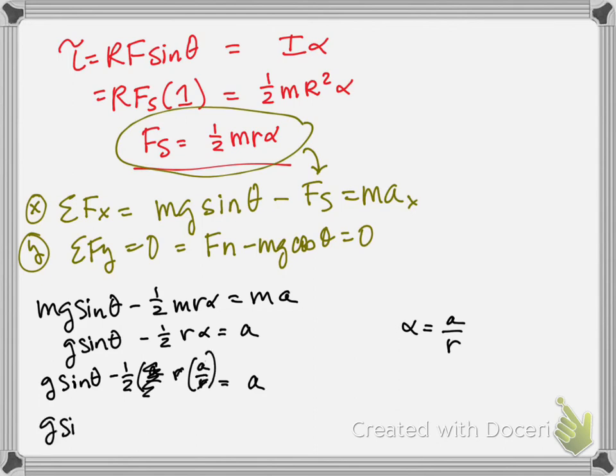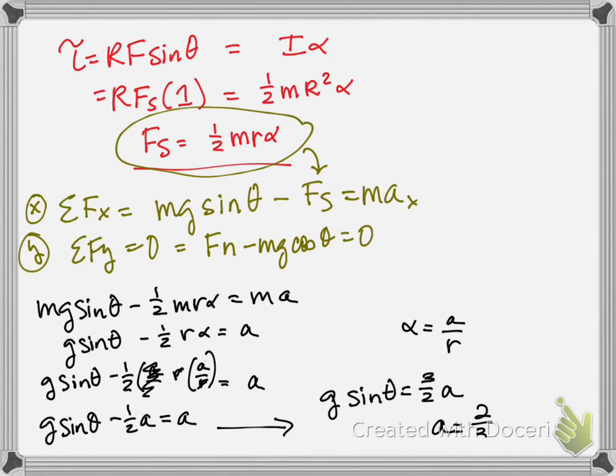So I get g sine theta minus half a equals a. Sorry, I'm trying to do this on one page. G sine theta equals 3/2 a. And so a is equal to 2/3 g sine theta. So that's our linear acceleration down the ramp.